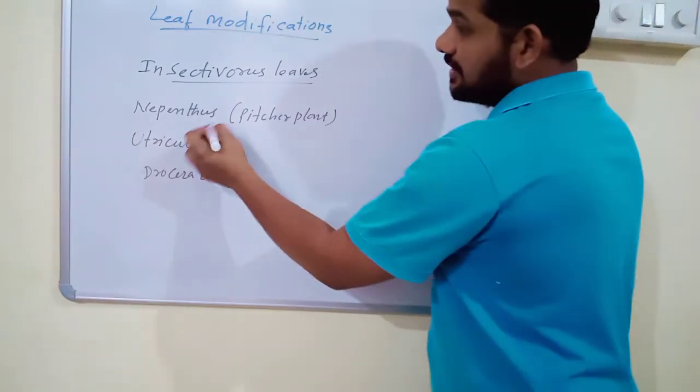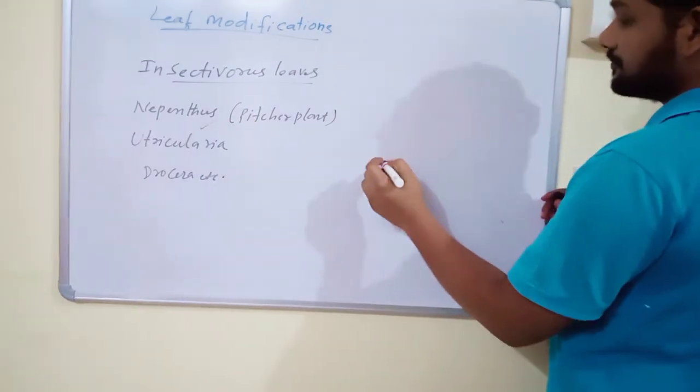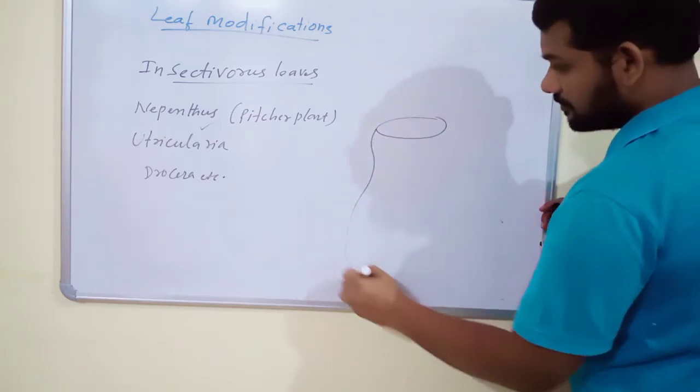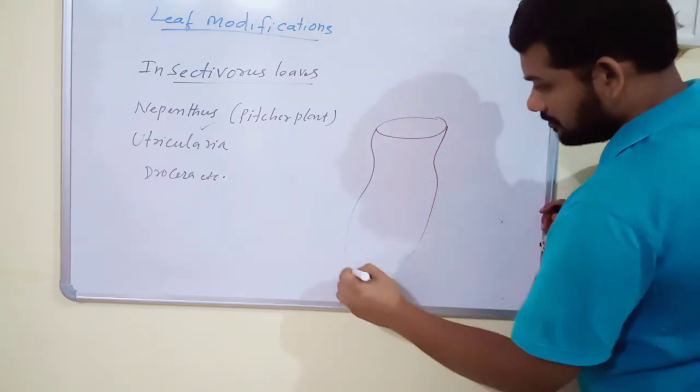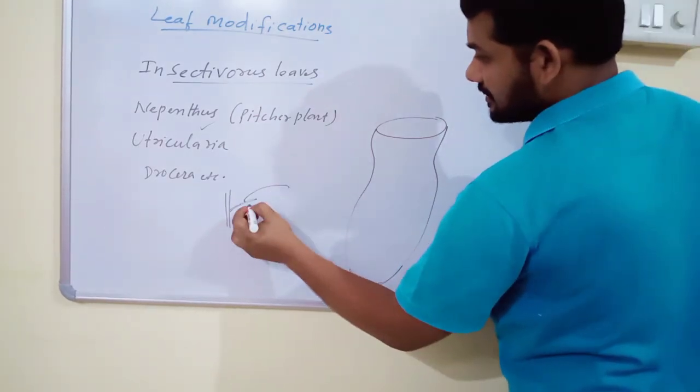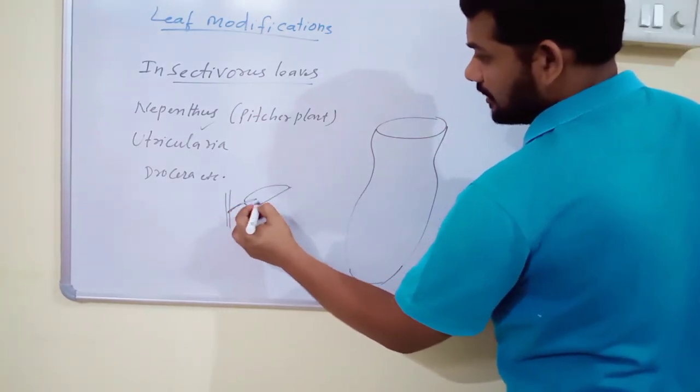For example, in Nepenthes, the leaf is modified into a pitcher. So this is the lamina. The normal leaf has three parts: leaf base, petiole and lamina.